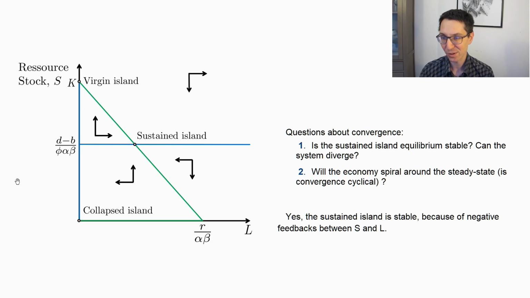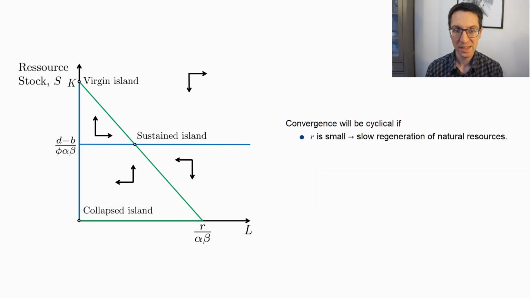And finally, the question we ask is, are we going to see cycles or spirals around the sustained island or not? So it looks like it from the drawings, the arrows that we've drawn, but it actually depends specifically on the value of the parameters. In the notes, we see that this happens if R is small, so if there is slow regeneration of natural resources, if D minus B is small, so if starving islanders that don't have any harvest do not die too quickly and still continue to harvest a lot.